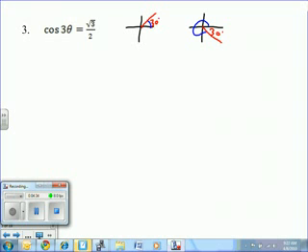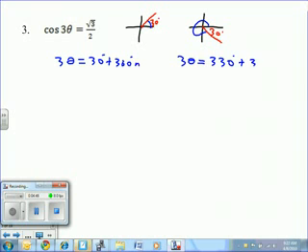Okay? So we've got 3 theta equals 30 degrees plus 360n. And we've got 3 theta equals 330 degrees plus 360n. So all we have to do to get theta now is do what? Divide by 3.